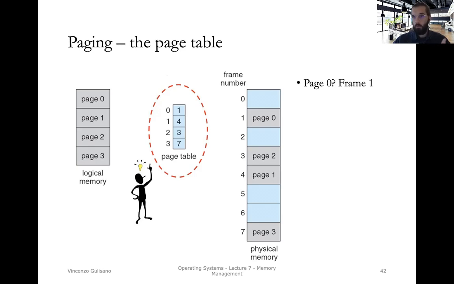Each row refers to a page, and the content is the frame where you can find that page. So page 0 is row 0, and it's frame 1. So if you go in frame 1, you have page 0. Page 1 is row 1, or the second row, and it's frame 4. You go inside frame 4, and you have page 1, and so on, okay?